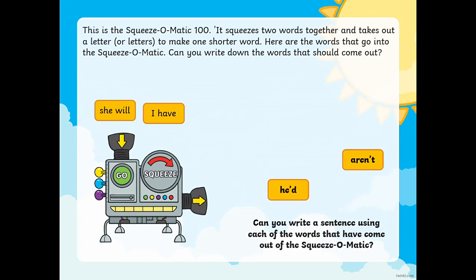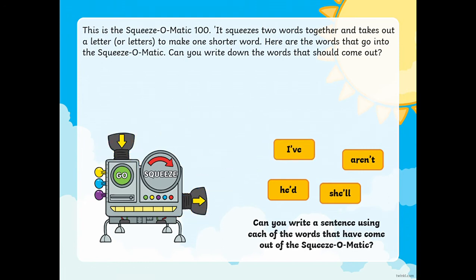If you got that right, you can give it a tick, and if you didn't, use your green pen to correct it. The next one that's going to go in is she will. She will goes into the machine and it comes out as she'll. Give it a tick if you got it right, and if you didn't, change it in green. The final one is I have. In it goes to the machine and it comes out as I've.